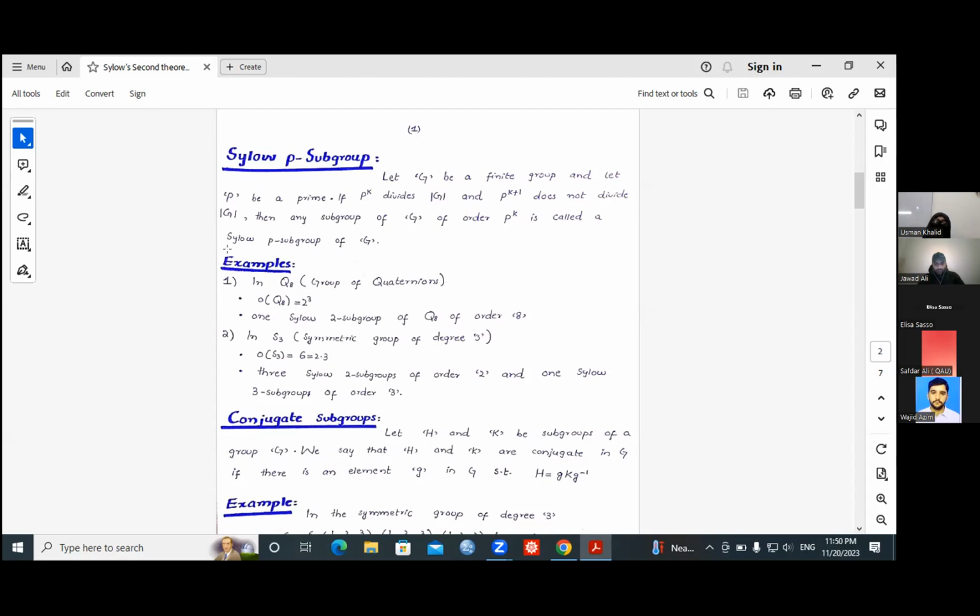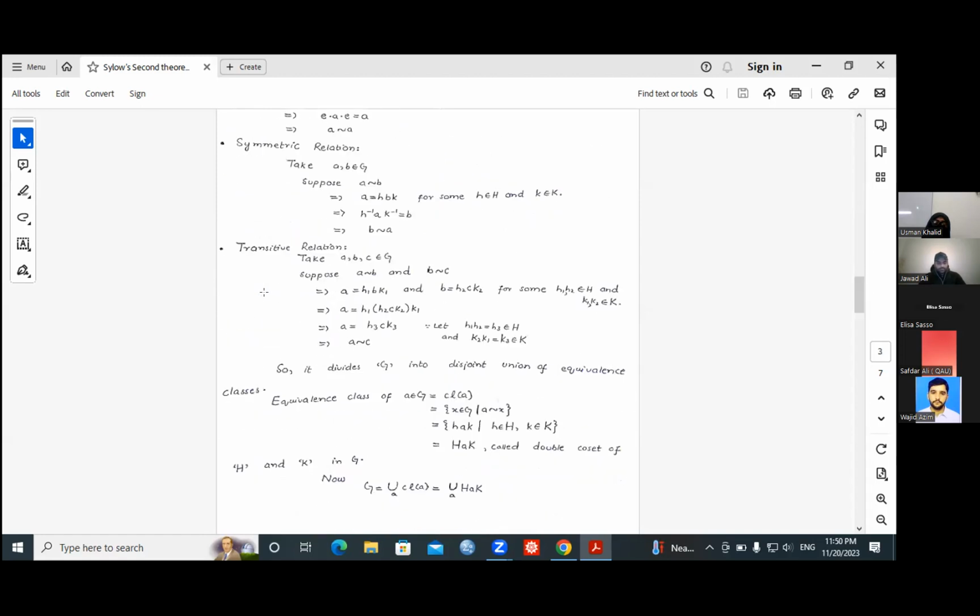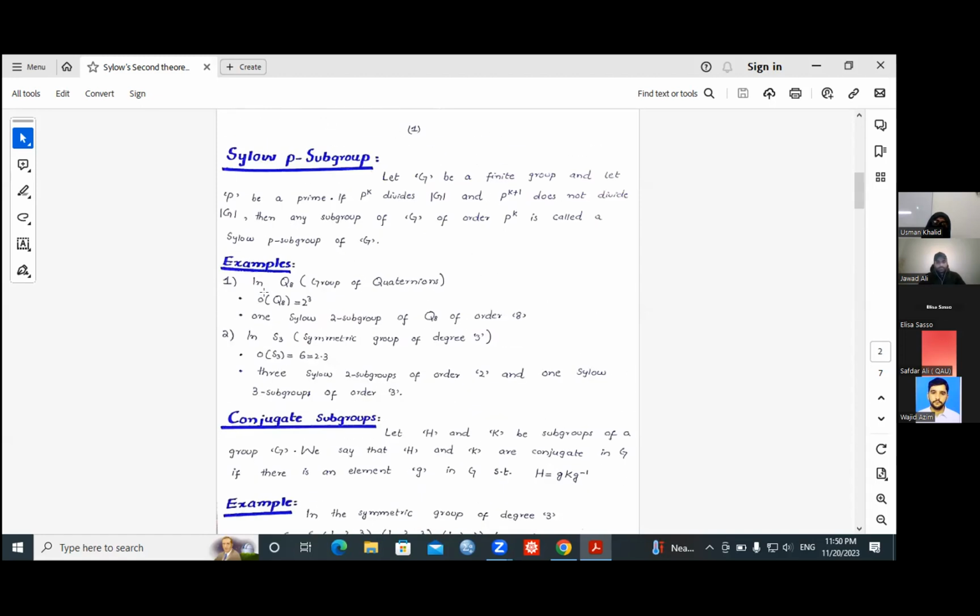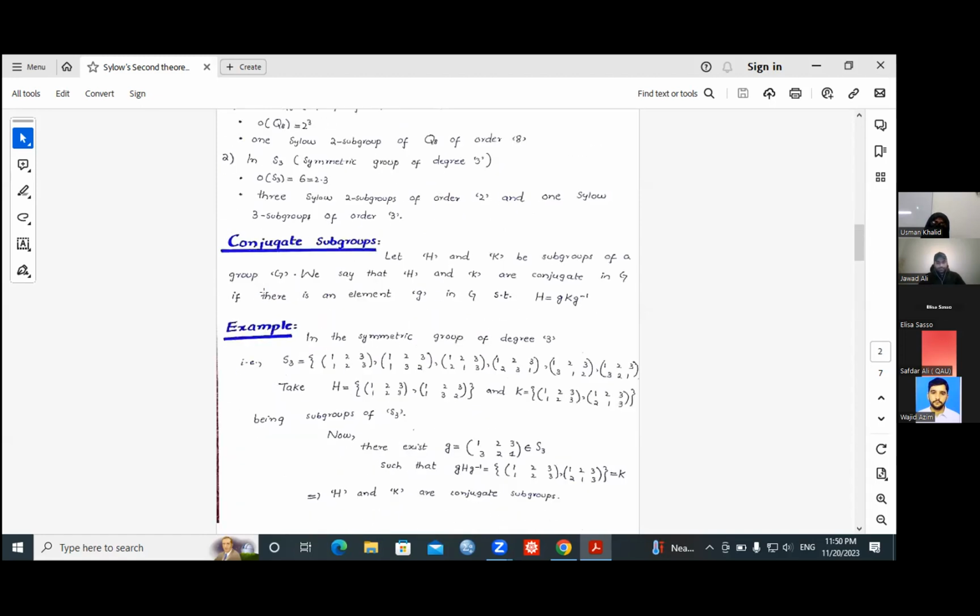Two subgroups H and K are said to be conjugate subgroups if there exists an element x from G such that H is equal to xKx inverse.